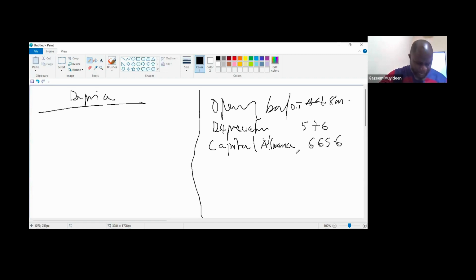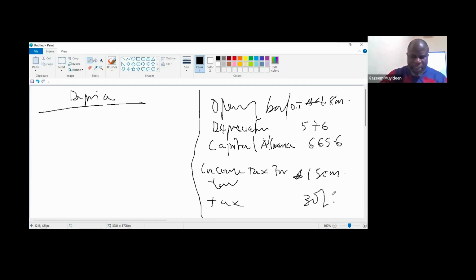The income tax for the year, that is the current, is how much? 150 million. Assuming a tax rate of 30%.